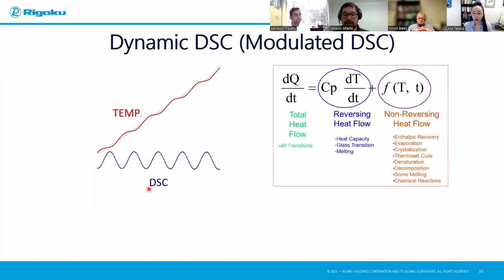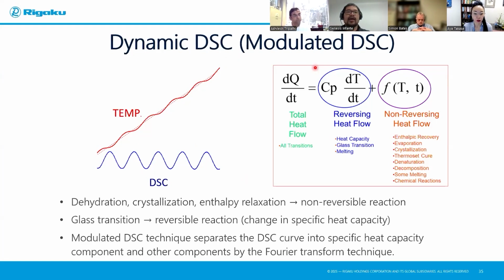It is in a sine wave type cycle, and there's an amplitude and a period involved with it. So it goes up and down at a certain frequency. With this method, we can start separating reversible versus irreversible processes.